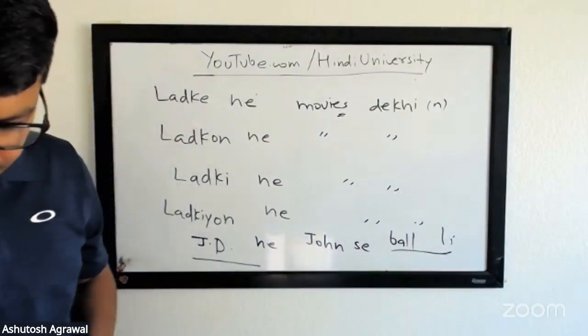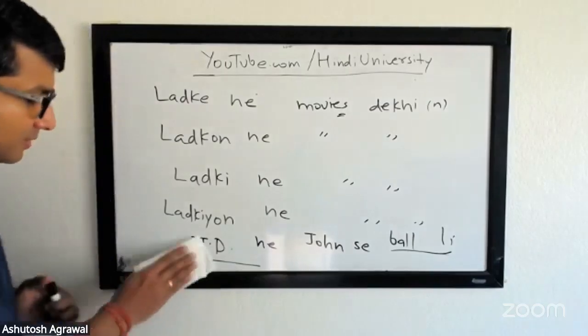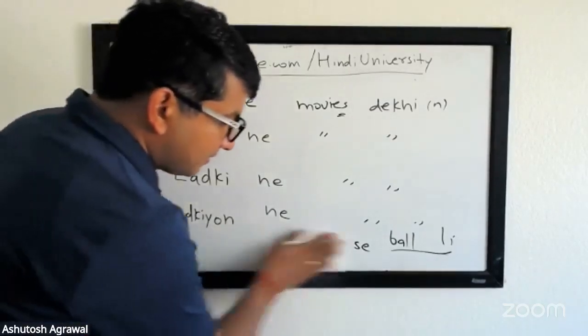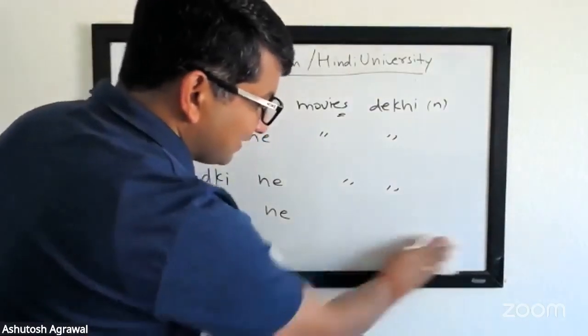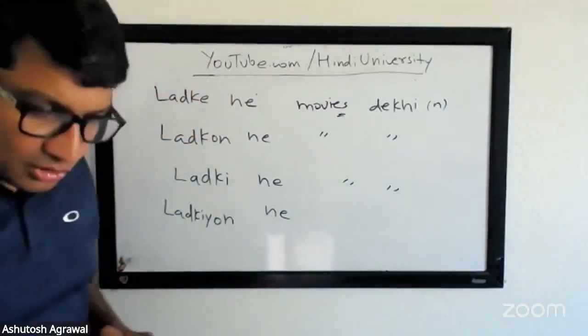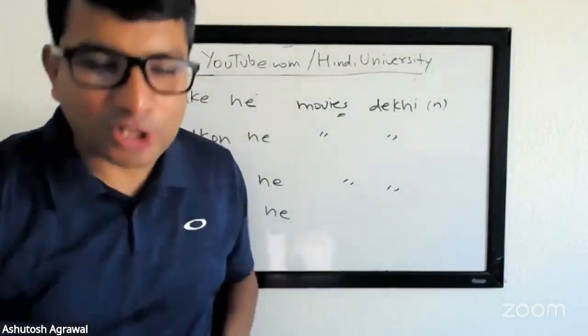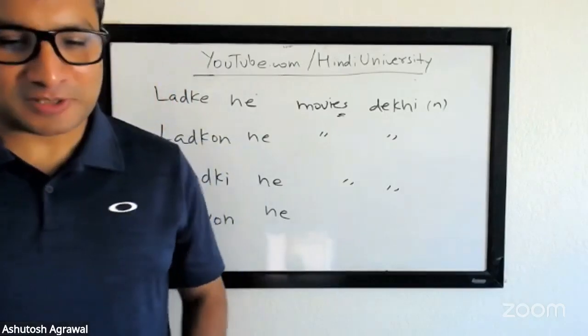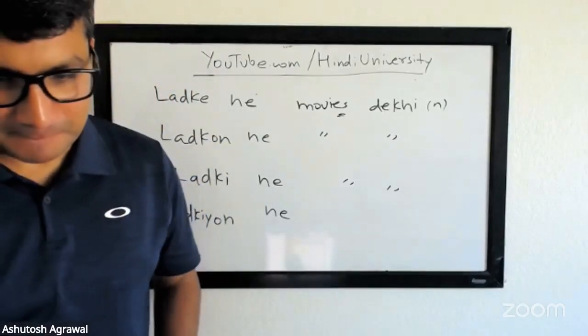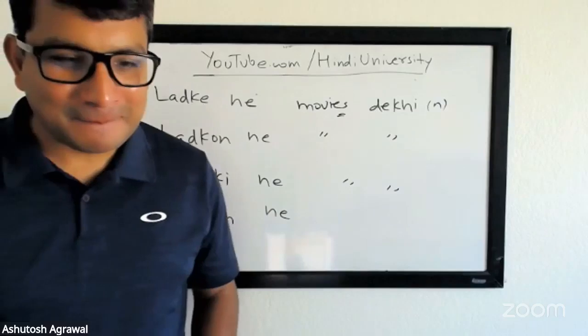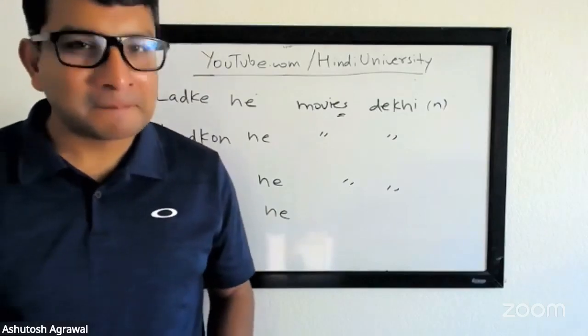We will get there. Sorry, does this postposition ne mean something, or does it translate to something in particular? Very good question, Austin ji. Does "ne" translate to something in English? Basically, no. It's a grammatical word. It doesn't actually have a good translation.